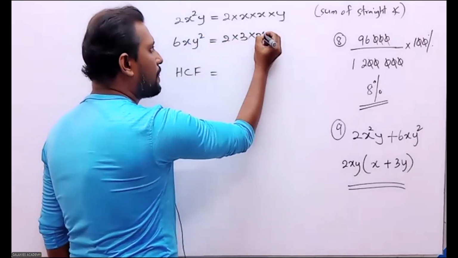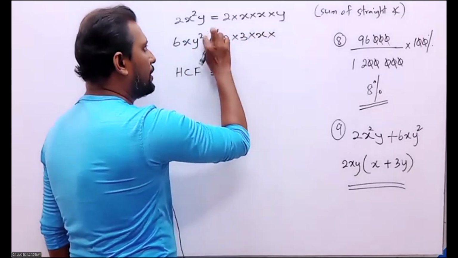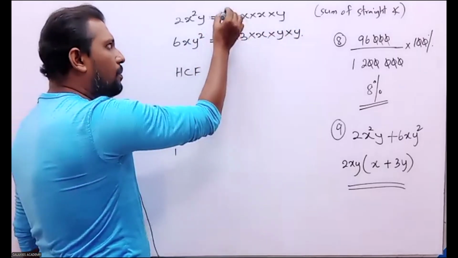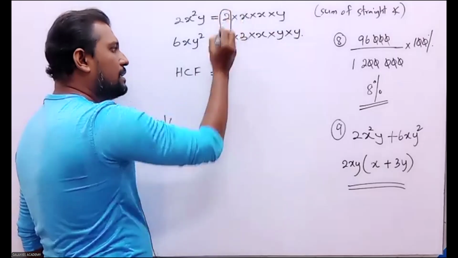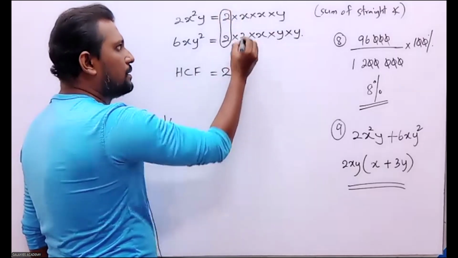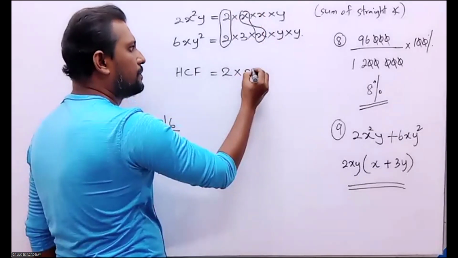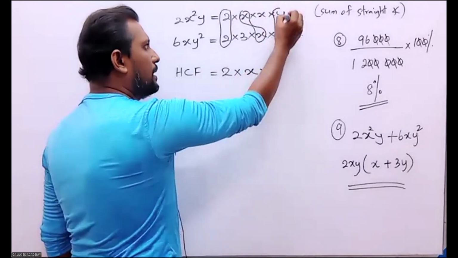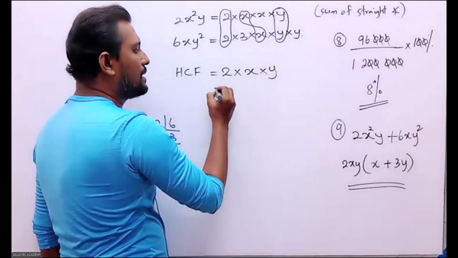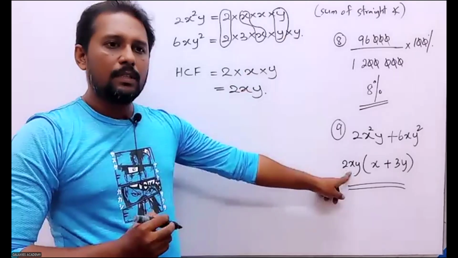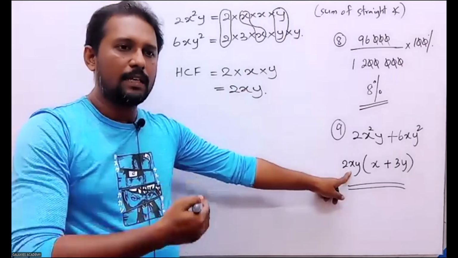Then x, y multiplied by y, since y squared means y times y. Then you can check the common terms. 2 is common, x is common, and y is common. So what is the HCF? 2xy. It is the term outside the bracket.